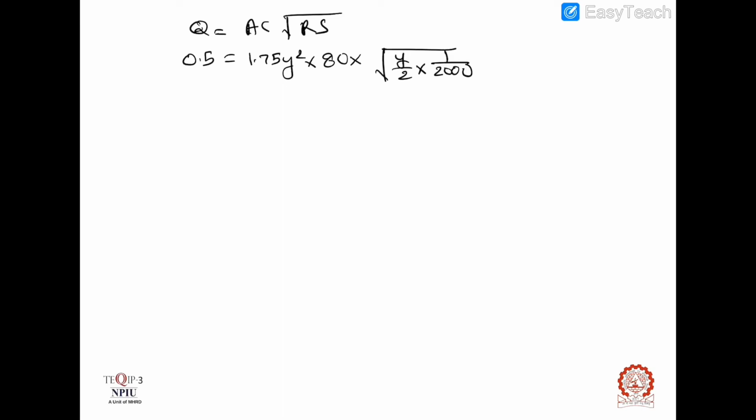After solving this equation, we will have Y is equal to 0.55 meter, and we have the relation between width of the channel and depth of flow, that is B is equal to Y. So directly the width of the channel will be 0.55 meter from this expression. So this was asked in the question, the dimensions of the channel for most economical condition.